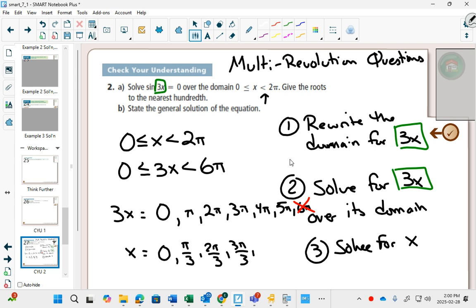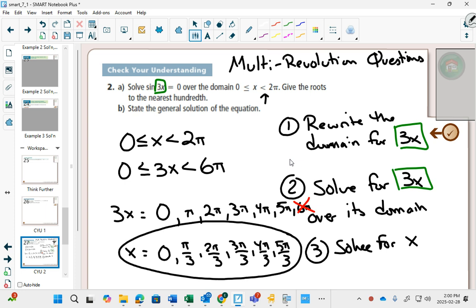And you could write just pi for that one. And when we divide by 3, notice that all of our values of x are now between 0 and 2 pi, like 5 pi over 3. Do we hit 5 pi over 3 in the first time around? We do. So all of our final answers are in the correct domain, between 0 and 2 pi.